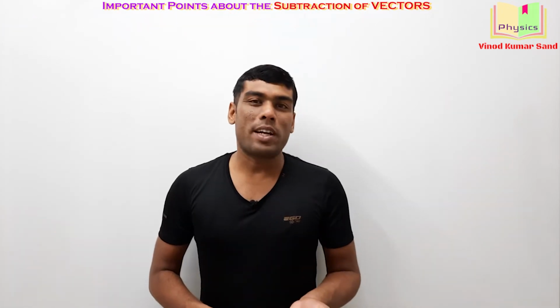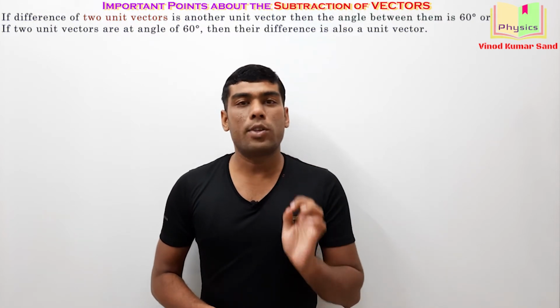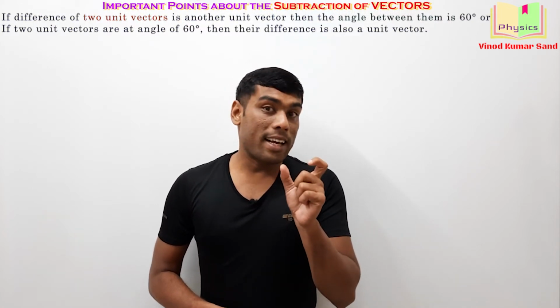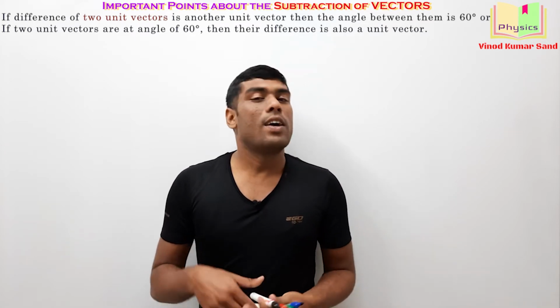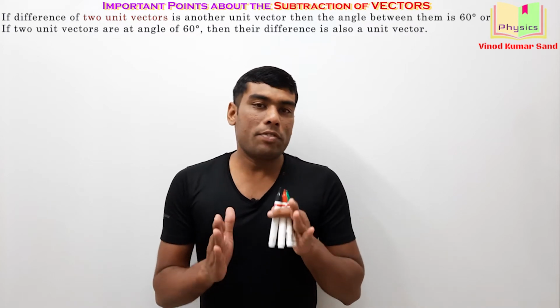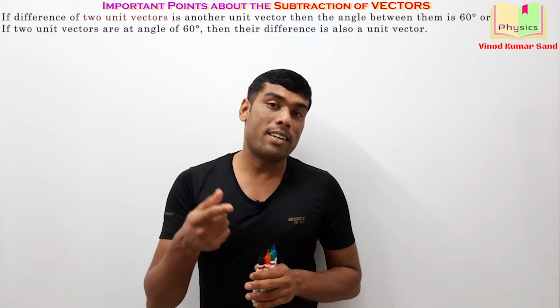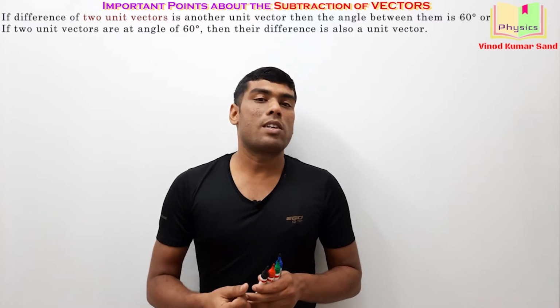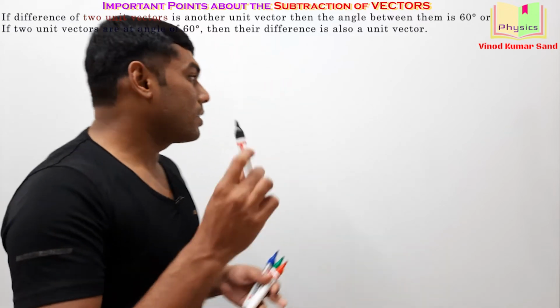Here is the fifth point. If the difference of two unit vectors is also a unit vector, then the angle between those two unit vectors is 60 degrees, or vice versa. If the angle between two unit vectors is 60 degrees, then their difference will also result in a unit vector. Derivation is pretty simple.